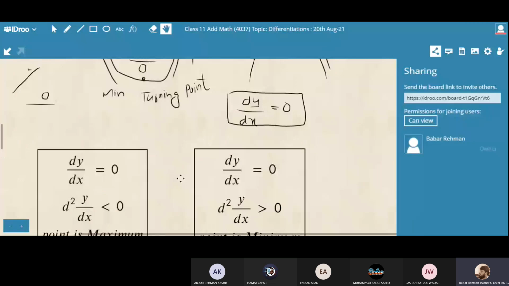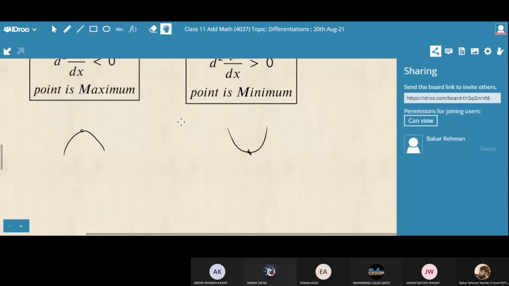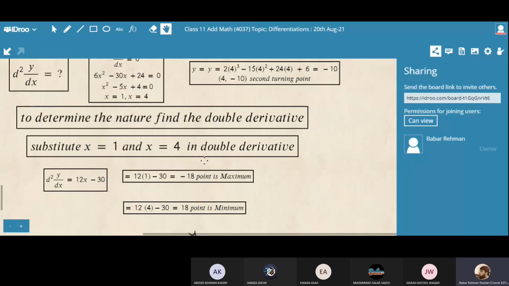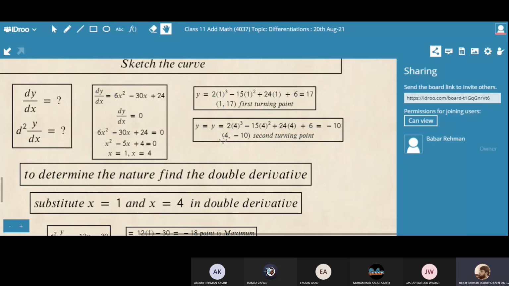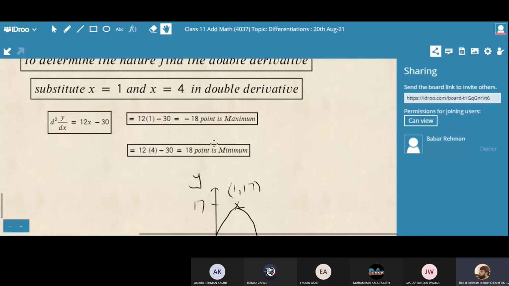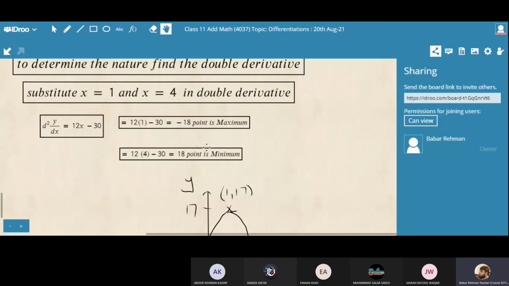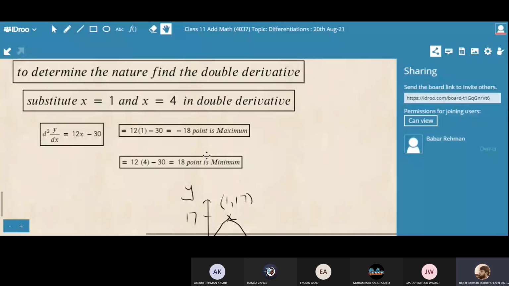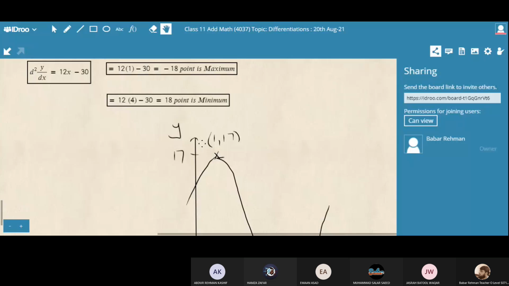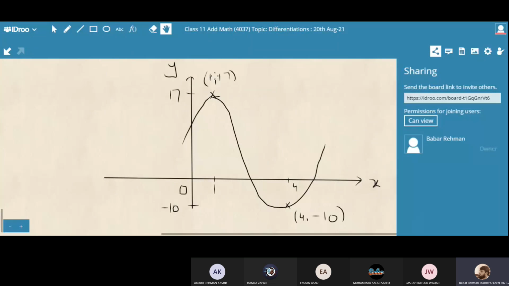After finding the turning points, we find the double derivative and input the same x values, like here 1 and 4, to get the nature of the points, whether each is maximum or minimum. After finding maximum or minimum, we sketch the graph, inputting the values on the graph.